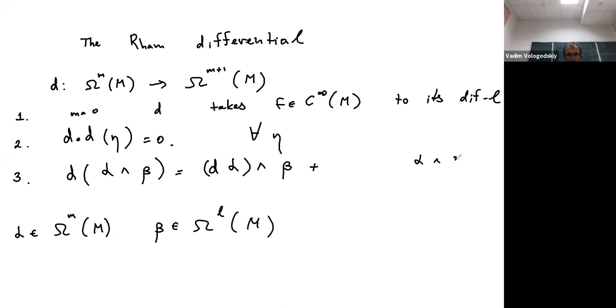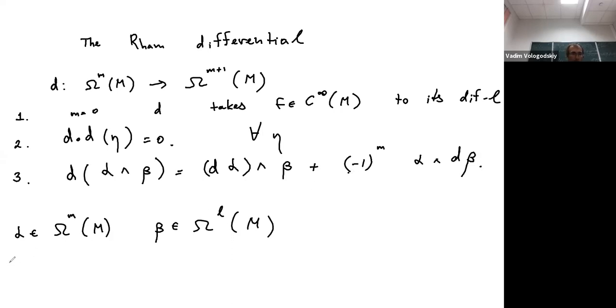So plus the sign here is (-1)^m times alpha wedge d beta. It depends on the degree of alpha, not of degree of beta. So that's how it works.